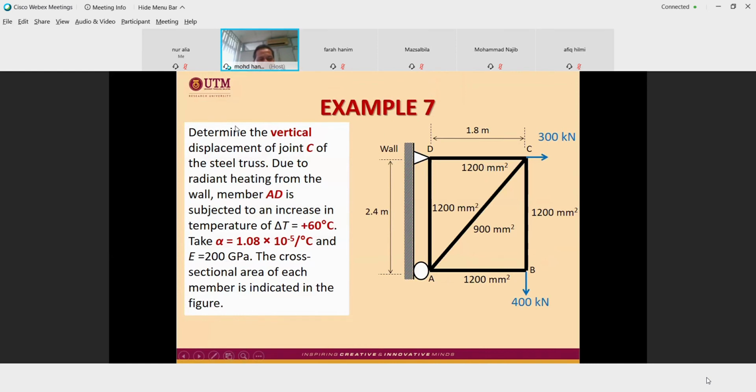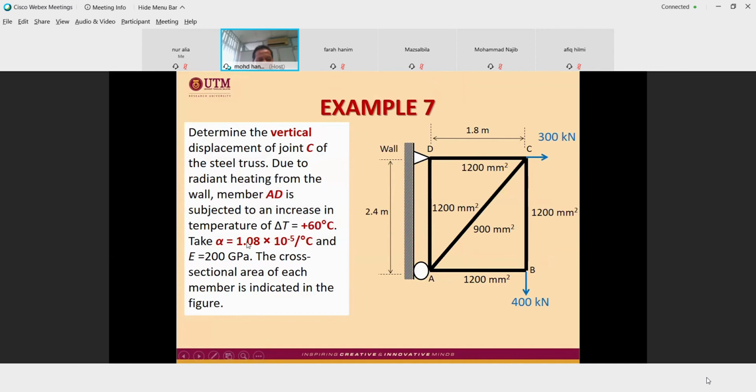Determine the vertical displacement of joint C of the steel truss due to radiant heating from the wall. Member AD is subjected to an increase in temperature of delta T equal to 60.